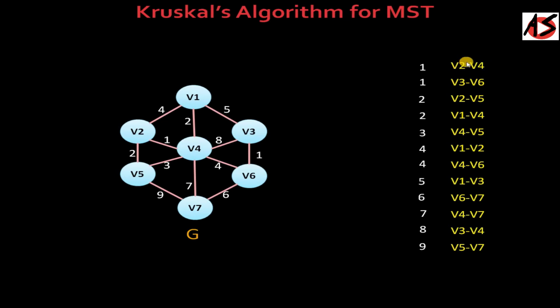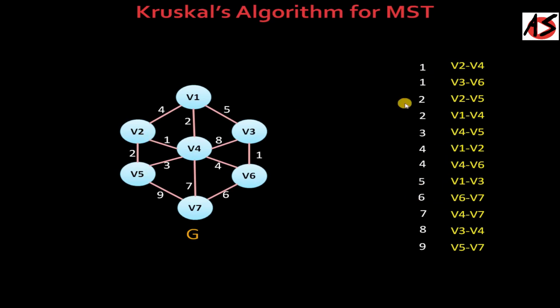Here we have V2 to V4 that is having length 1. Second is V3 to V6, with length 1. Next is V2 to V5 having length 2, and so on.